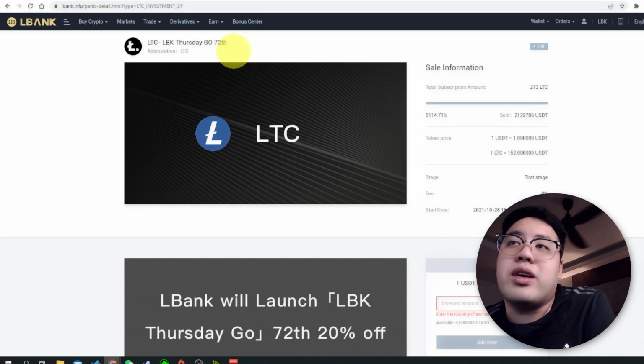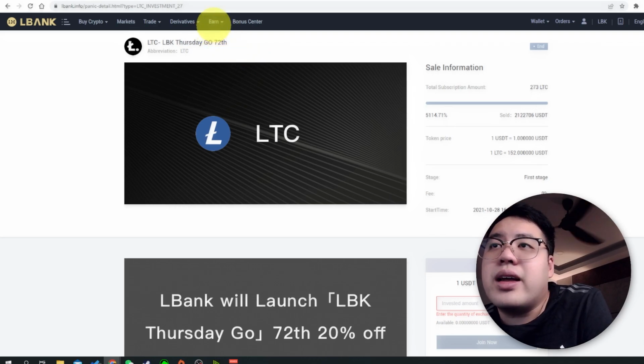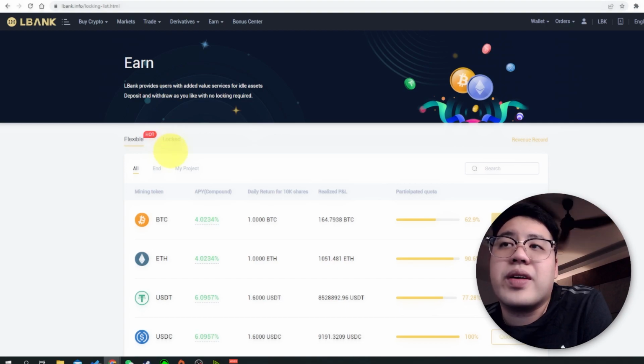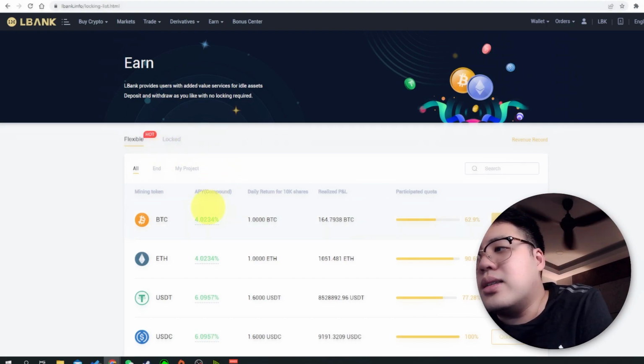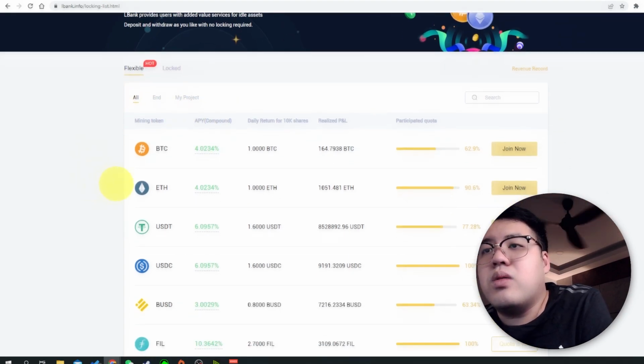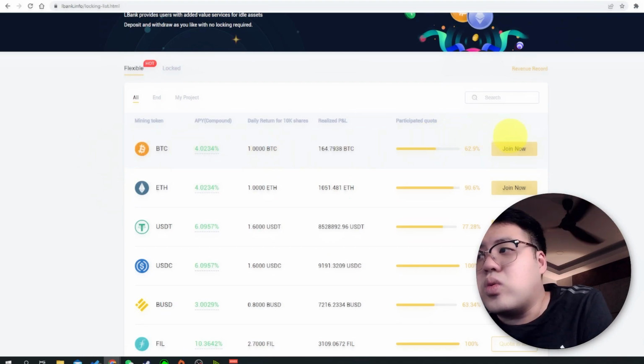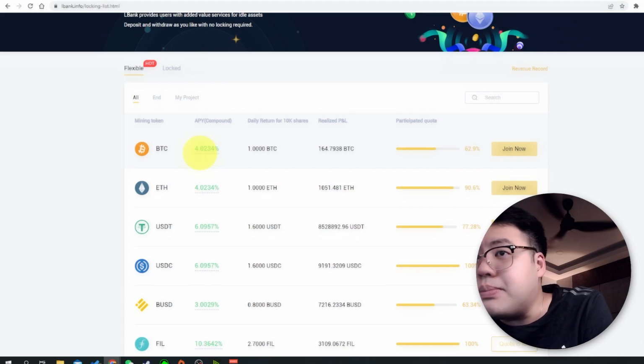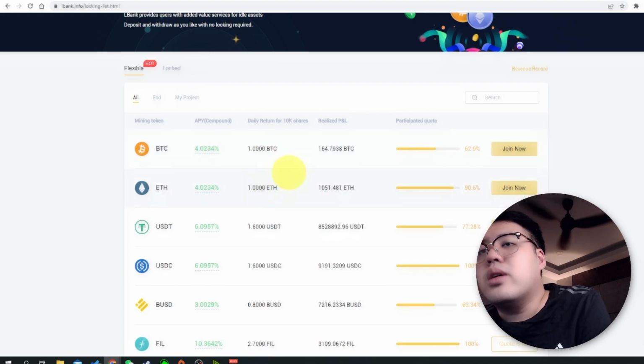Other than that, of course, there is flexible, whereby you can deposit to earn. It's like a fixed deposit. You can put your Bitcoin into this earn, where you will get rewarded every single day. The APY here is about 4% per annum.